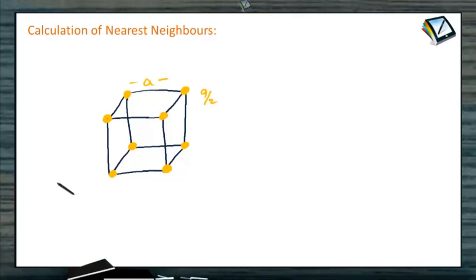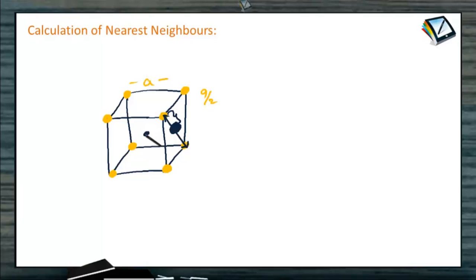Half of the edge length gives the neighboring atom distance to each atom in simple cubic crystal. But in the case of face centered, some atoms are present at the face. So the distance will reduce now because this is the face diagonal. So the distance between the neighboring atoms is further decreased. So the neighboring atom distance decreases from simple cubic to face centered cubic crystal lattice.